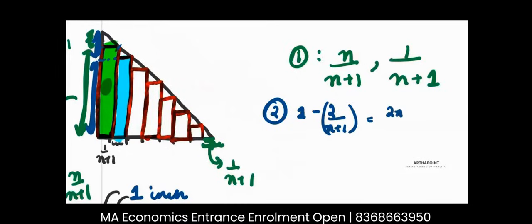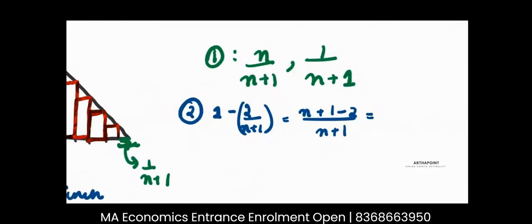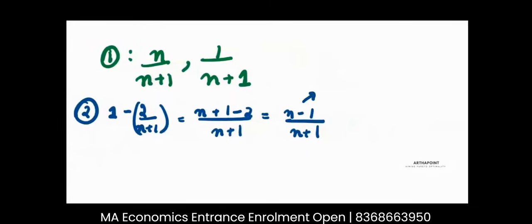So this will be n plus 1 minus 2 upon n plus 1, which will be n minus 1 upon n plus 1. This will be its length, and width is the same, 1 upon n plus 1.